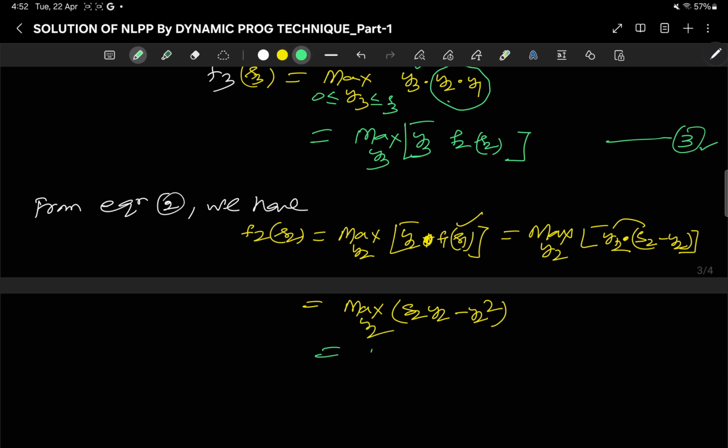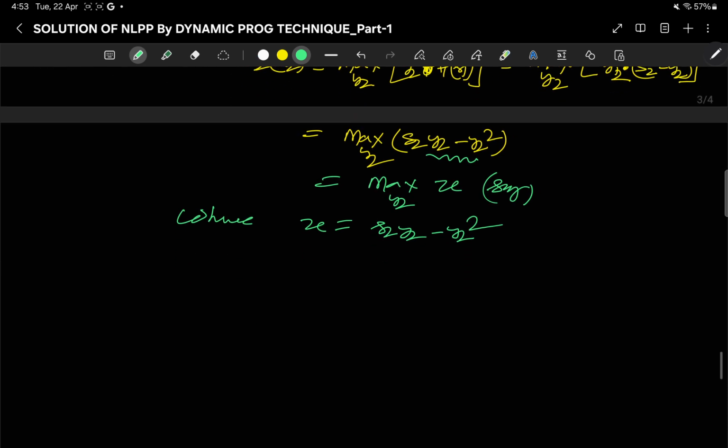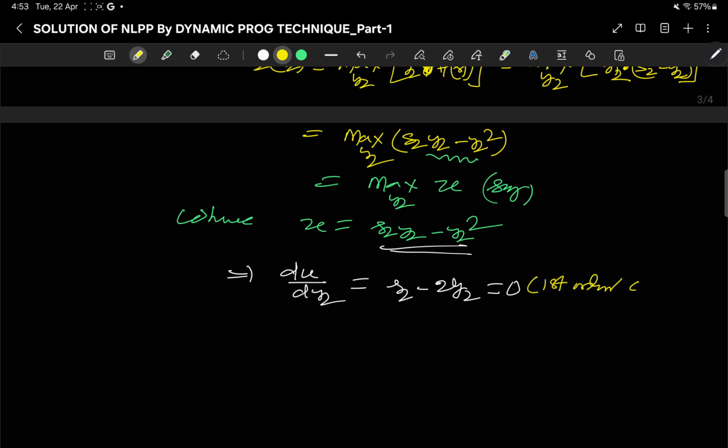Suppose I write u equal to s2y2 minus y2 square. Likewise in the previous step, I find the maximized value. So du/dy2 is s2 minus 2y2, and this is equal to 0 because of the first order condition. So y2 is equal to s2 by 2.